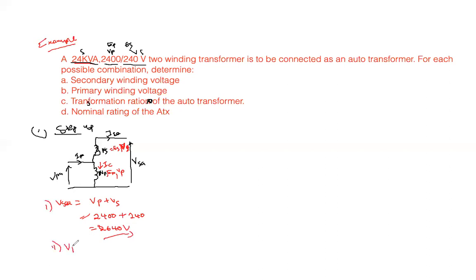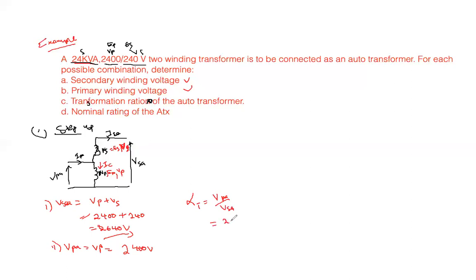Now, the primary voltage of the autotransformer. Here you can see that the primary voltage is the same as the primary voltage on the two-winding transformer. This voltage here is the same as the one that is here, so that is equal to 2400 volts. So we have already answered this one and that one. The transformation ratio is simple: it is just equal to the primary voltage over secondary voltage.